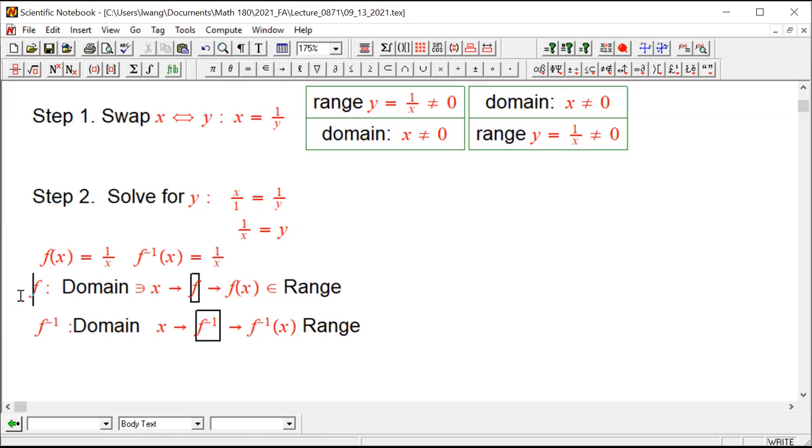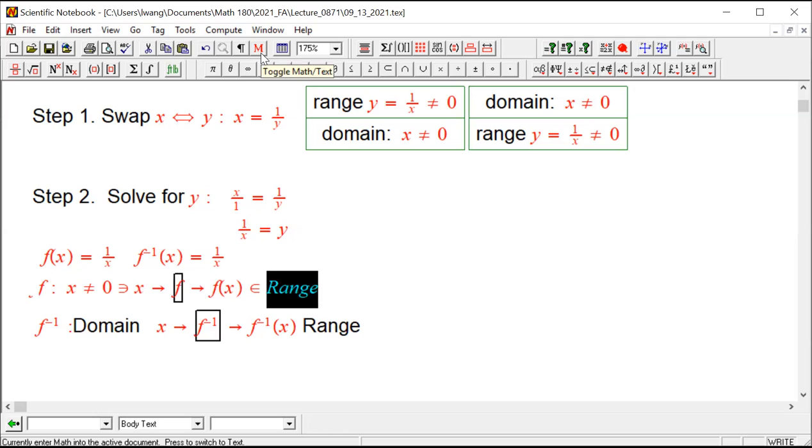So now that we know the domain too, right? What's the domain here? The domain here is x is not equal to 0. And what's the range? The range is y equals 1 over x, but not equal to 0. Oh gosh, what am I doing here?